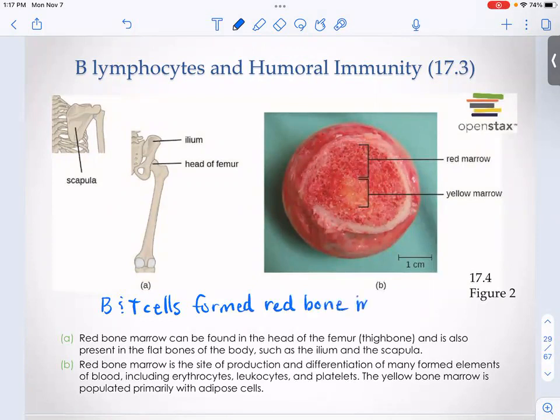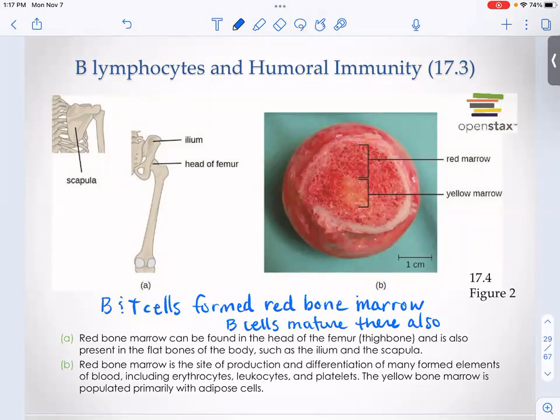That's where we have lots of stem cells. And B cells are also going to mature in the bone marrow as well. And I should say that's where most of the B cells are made. So let's leave it at that.